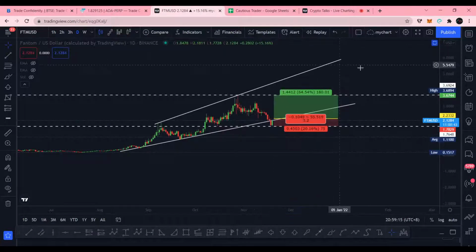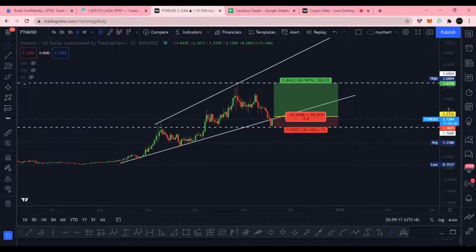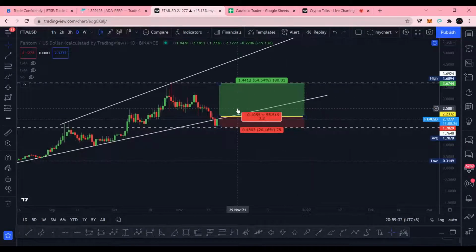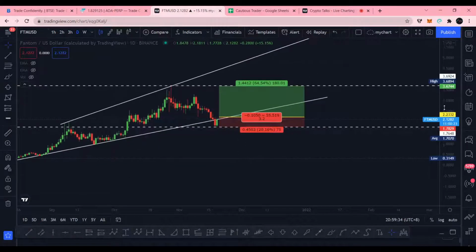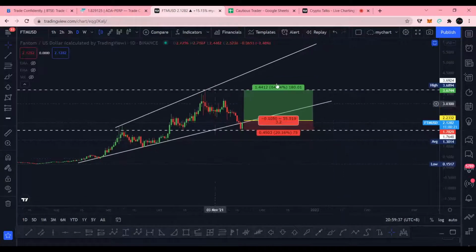The possible entry price using this is 2.23, which is at least above this current resistance that will possibly become our support area. As long as it holds above that 2.20 something, then I might possibly go long.